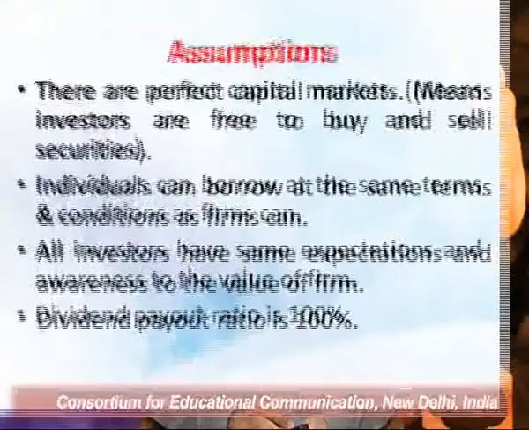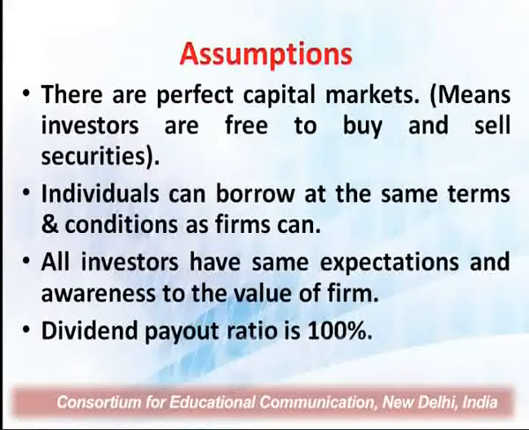Moving ahead, their next assumption is that the dividend payout ratio is 100%, which means the firm is not going to retain any amount out of its total earnings. The DPR, or dividend payout ratio, as far as the approach's assumption is concerned, is supposed to be 100%. Right. Moving ahead, they had another assumption that there are no taxes, just like NI and NOI.